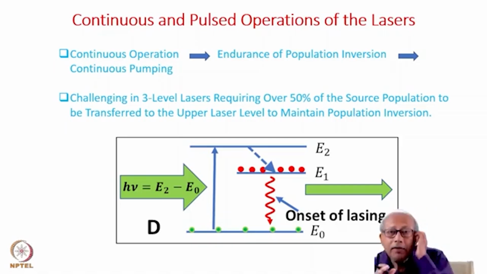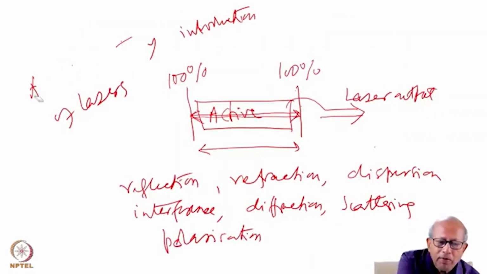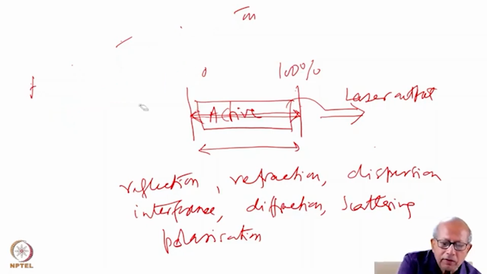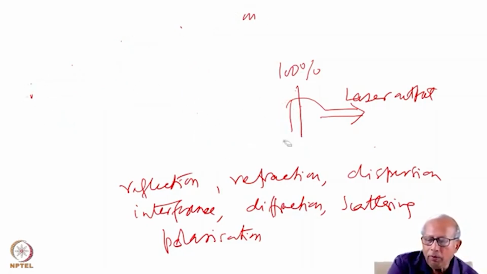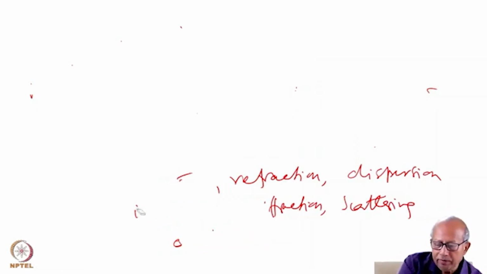And no wonder the very first laser that Maiman operated in the summer of 1960 operated in the pulse mode. It is actually a ruby laser, and it was pumped, as you know, by a flash lamp which produces pulses of light.